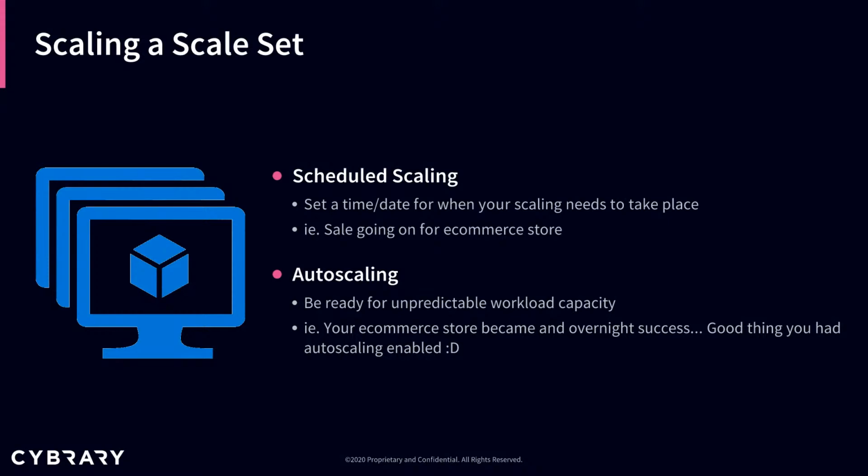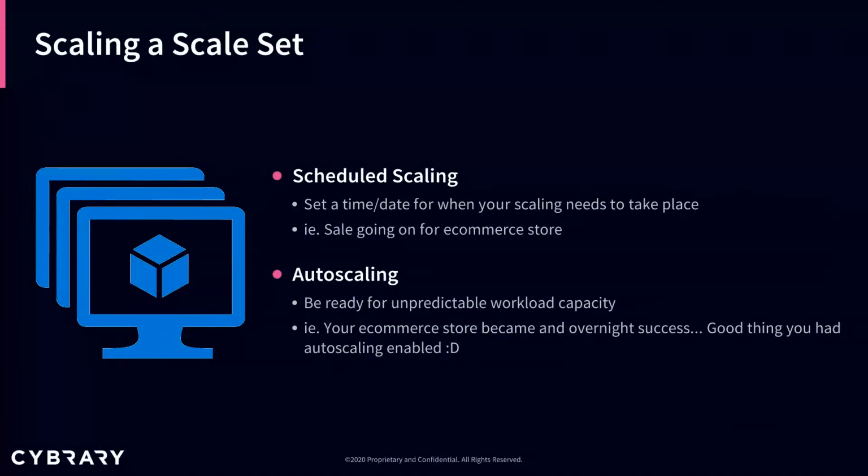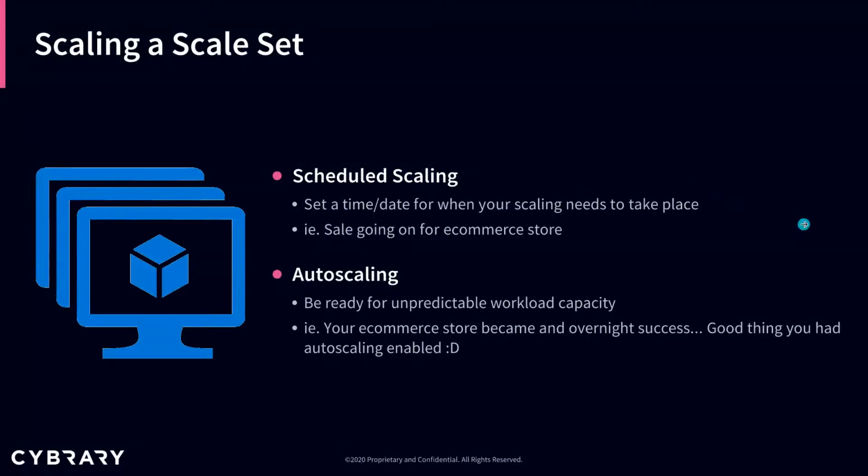So if your e-commerce store becomes a success overnight, and good thing you had auto scaling enabled, then even though you don't have any sale going on, all of a sudden you have hundreds of customers purchasing goods from your e-commerce store. You have auto scaling so that your e-commerce store does not crash, or run out of memory, or run out of options to create more sales data.